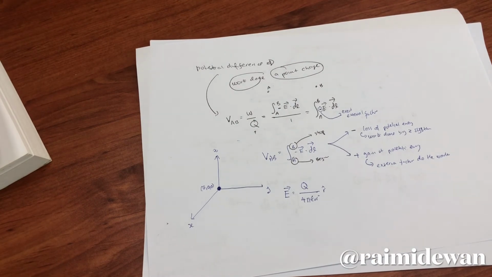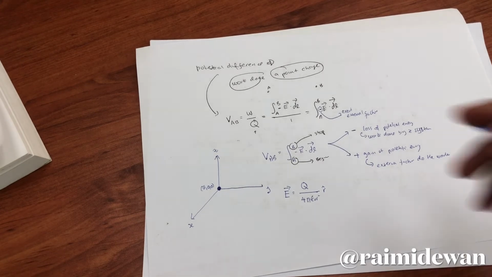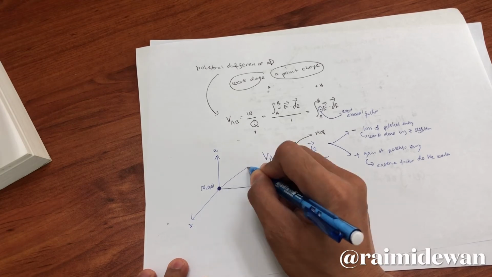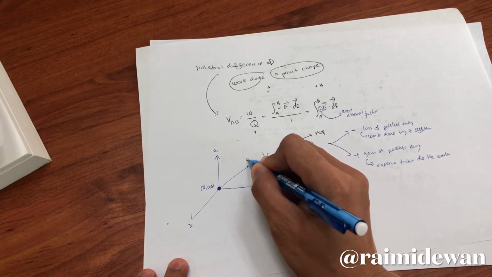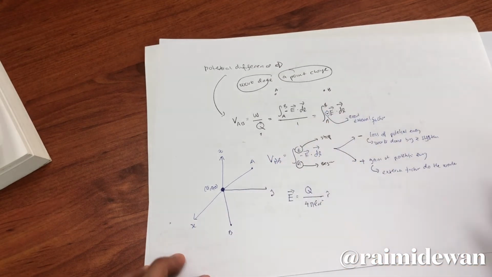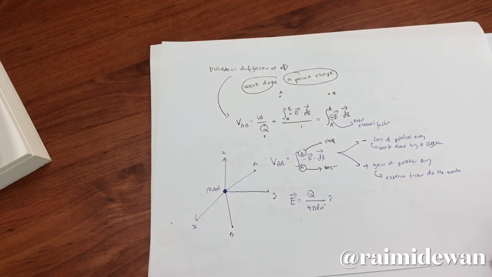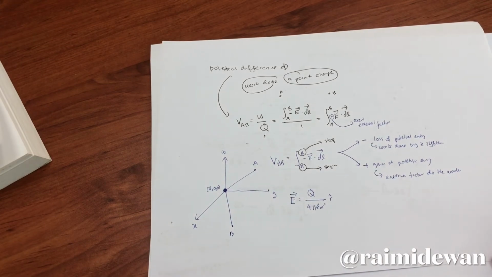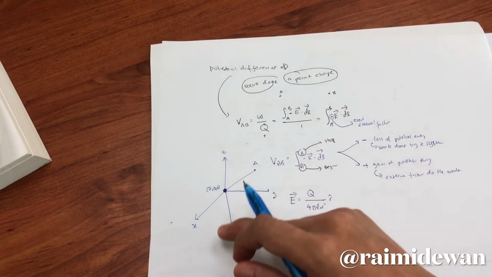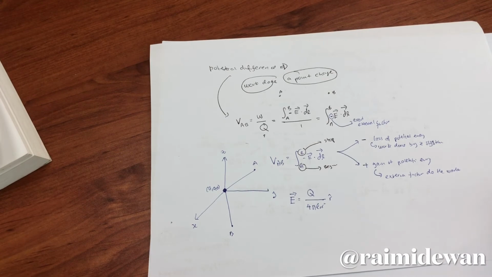Let's say you have your point A somewhere here, and you have your point B somewhere here. Imagine there is a question asking, determine the potential difference between point A and point B in a region in free space.